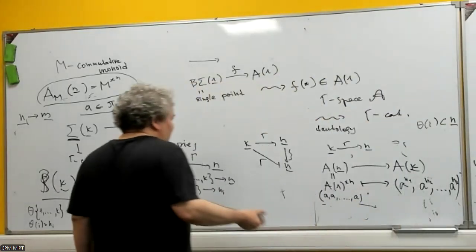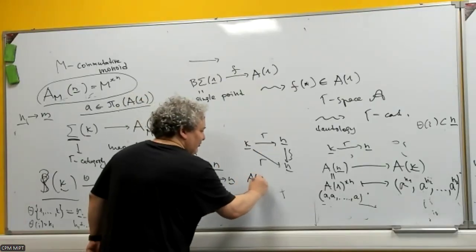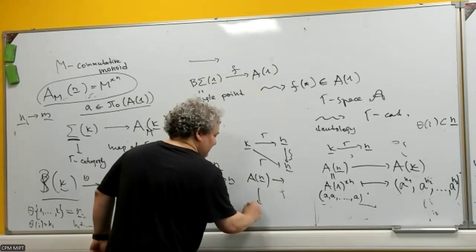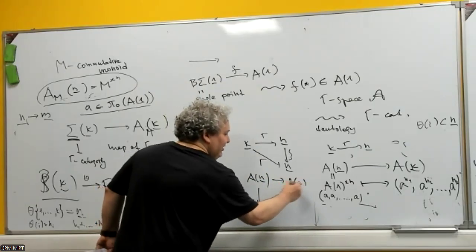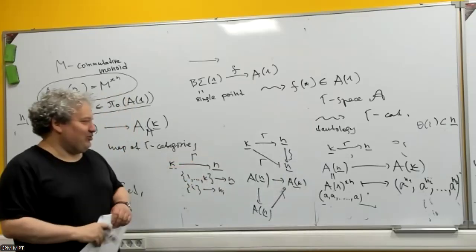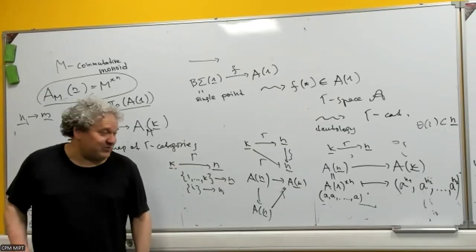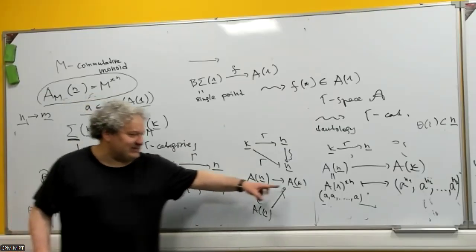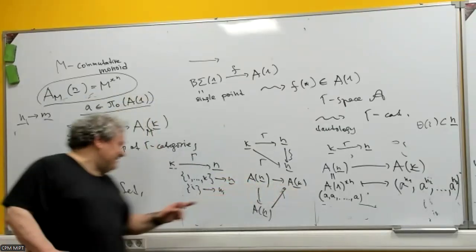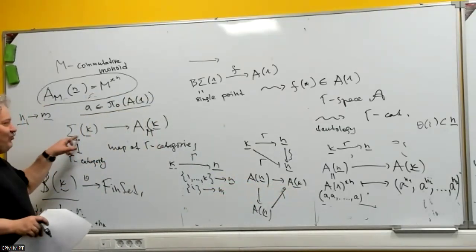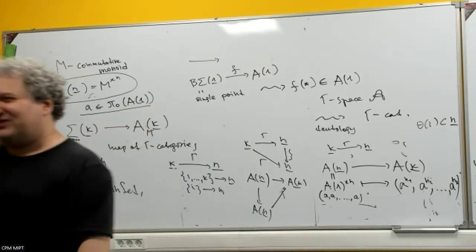But what is amazing here is that this commutative diagram, which is a morphism, implies that I have A of n here, A of n, and they commute to the map to A of k. Just because this diagram is commutative, it remains commutative after I apply the functor A, the gamma space. So any morphism is mapped to the identity morphism here. So I indeed get a map of gamma categories from this to this, where this I consider as a gamma category tautologically with only identity morphisms.